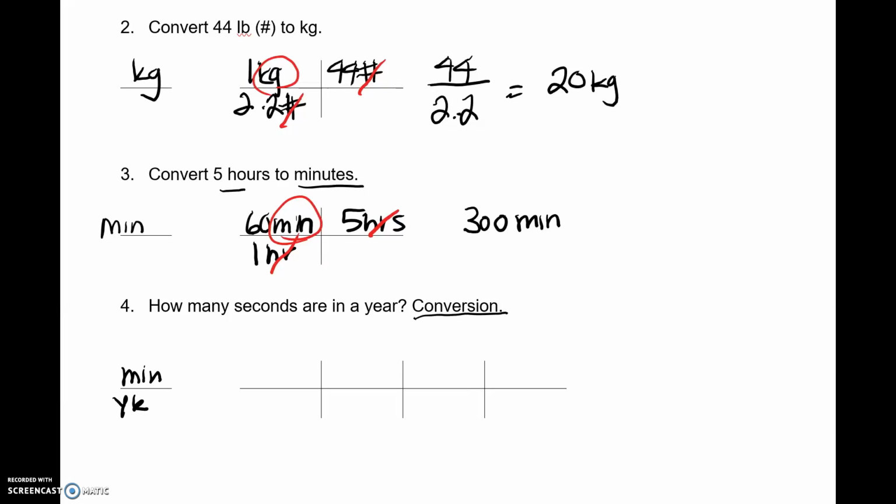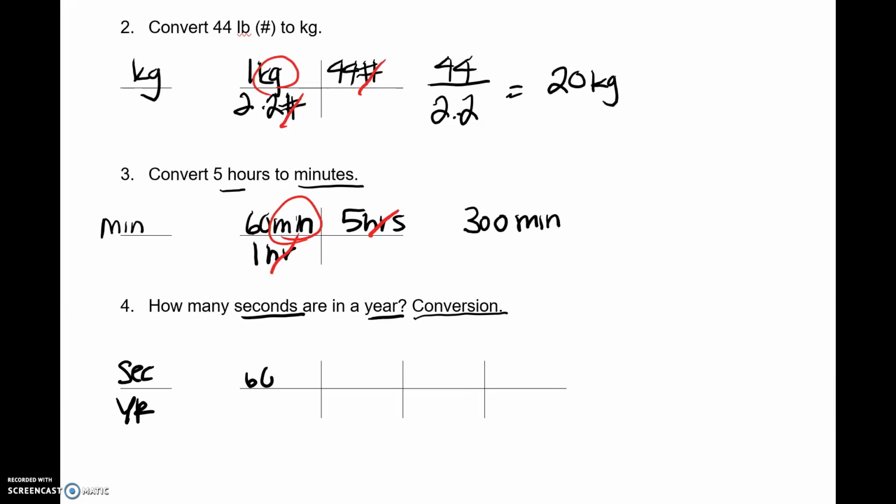We know that there is, let's see, we start with minutes, 60 minutes. Oh, I'm sorry. I think I'm solving for the wrong thing. Scratch that. Let's go seconds in a year. Well, that's what we're looking for.